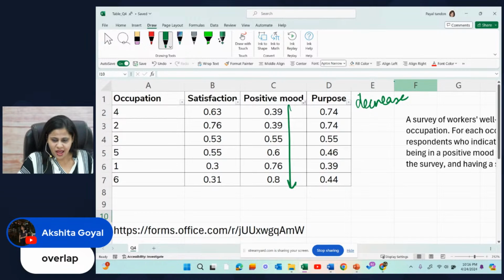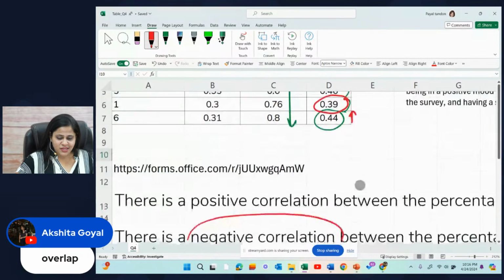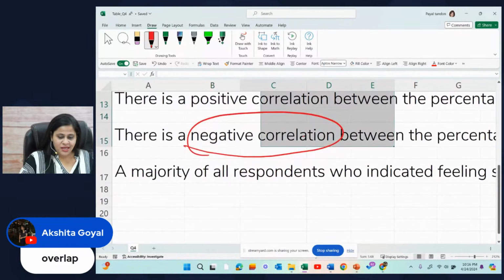Now, am I seeing that? Absolutely. I'm starting with 0.74 and I'm ending up at 0.44. By the way, this is a pretty consistent decline, except for the fact that over here 0.39 was my least number, and then here this number increased to 0.44. So this is the only data point which is not going in that direction, but overall directionality wise there is a definite decrease, which means that this is also a yes statement.